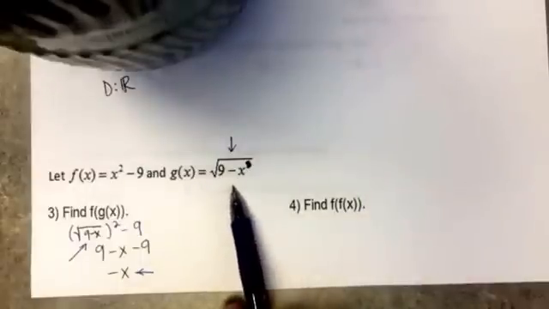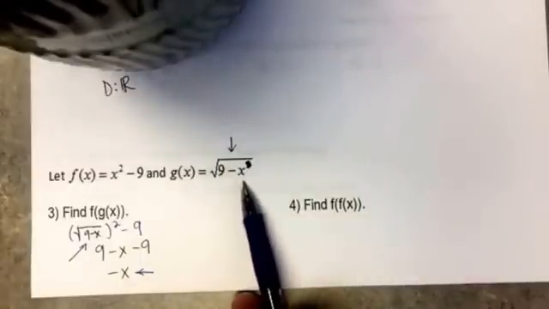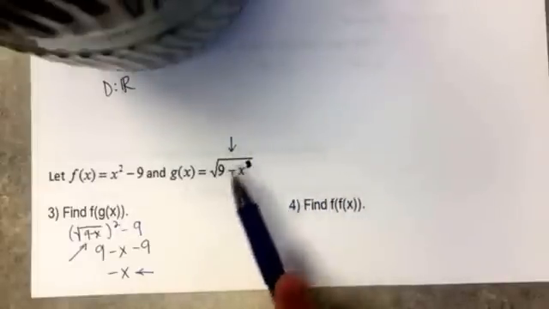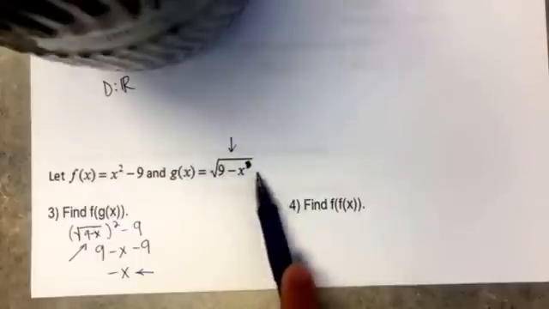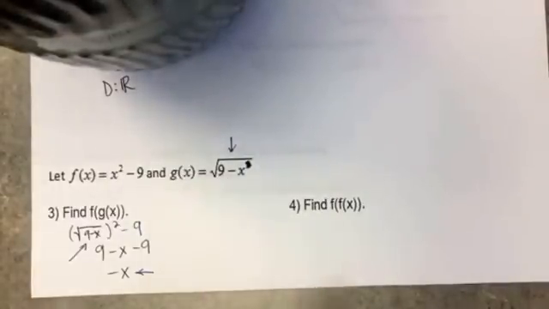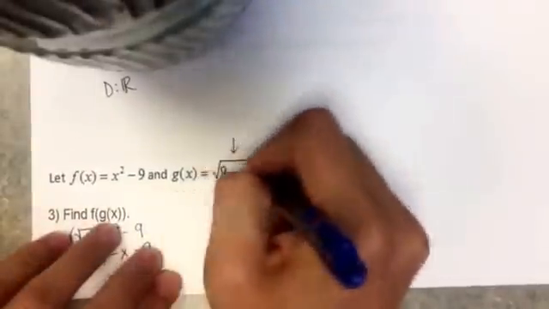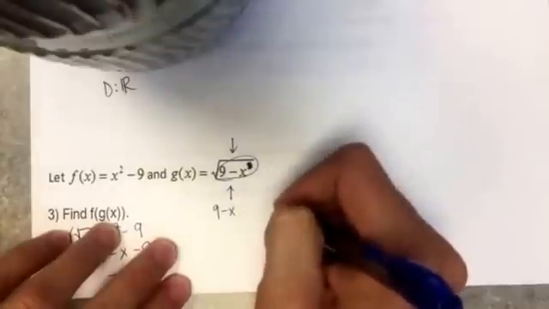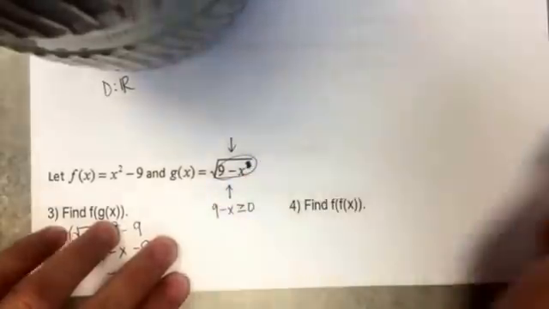If I plug in a value like 0, 9 minus 0 is 9, so I can take the square root of 9. If I plug in a number like 12, 9 minus 12 is negative 3. 12 would be a problem. So what I want to do is take the underneath portion of this, and I want to figure out for what values of x it is greater than or equal to 0.